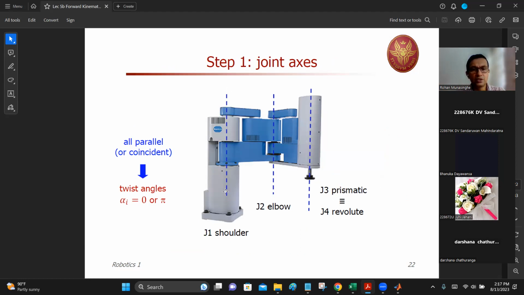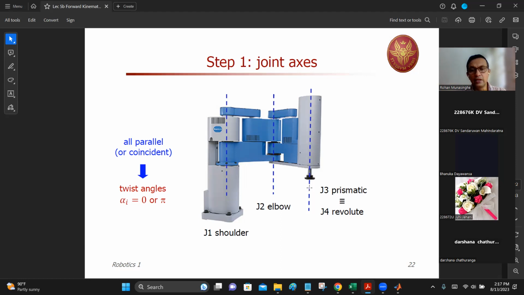Here you can see the first axis, where link 0 and link 1 are connected. This is the first joint and the joint axis. And this is the second joint and joint axis. This is the third axis going up and down.